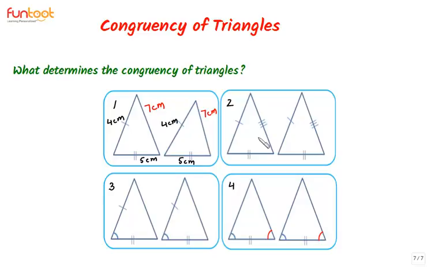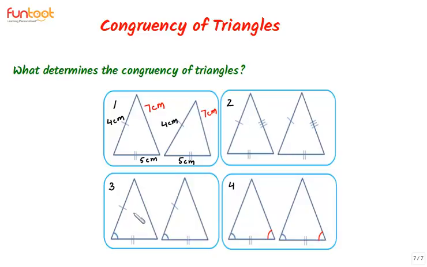That means the 2 triangles can perfectly cover each other. So this means if we know in the 2 triangles all the 3 corresponding sides are equal, then we can know that the 2 triangles are congruent. So pair of triangles in the second case is congruent.